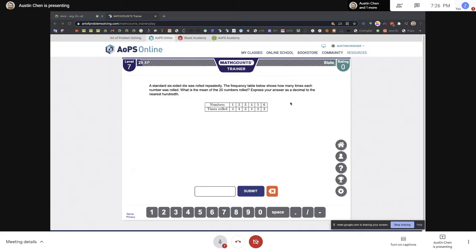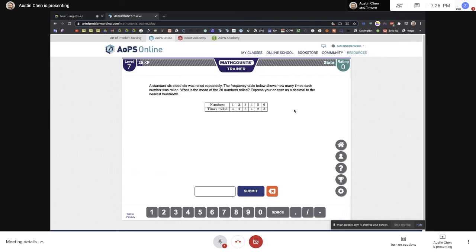A standard six-sided die was rolled repeatedly. The frequency table below shows how many times each number was rolled. What is the mean of the 20 numbers rolled? Express your answer as a decimal to the nearest hundredth. Here you can just add up all the values of the rolls. We had four number ones, so we multiply 4 by 1, and four number twos, so we multiply 4 by 2.